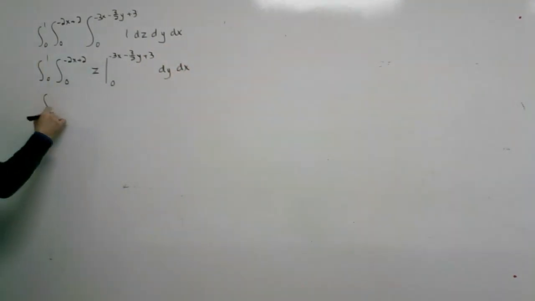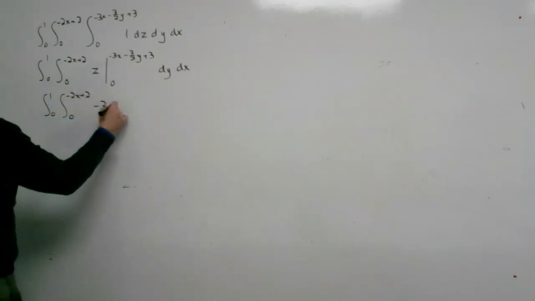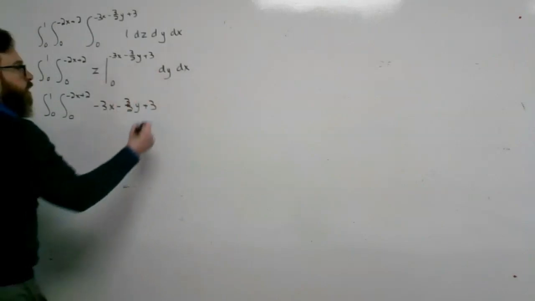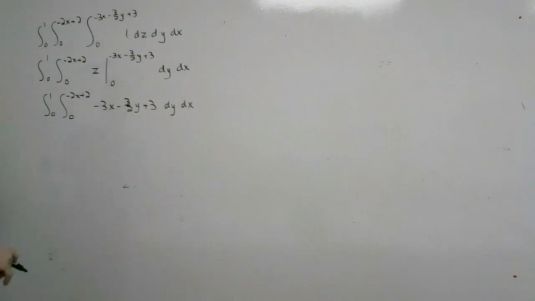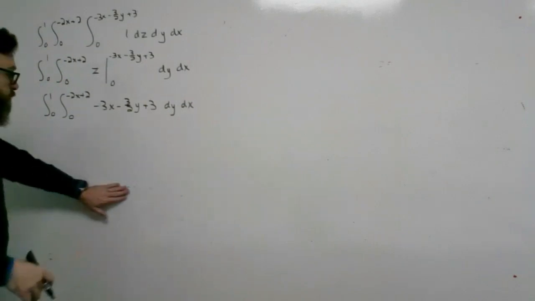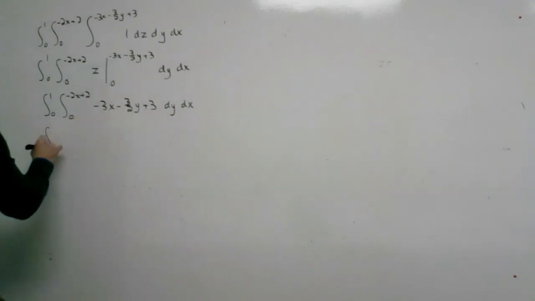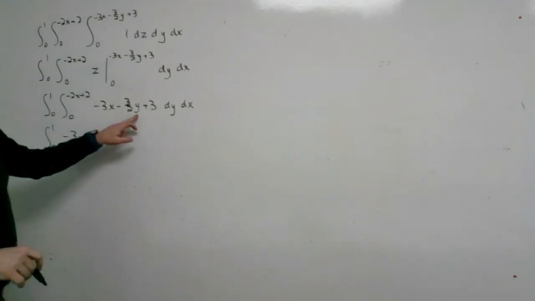So plugging in the top limit and then the bottom limit, we're going to have minus 3x minus 3 halves y plus 3, of course, minus 0, and then dy dx. So now I integrate this with respect to y, which means anything that's not a y is going to be a constant. So the integral from 0 to 1 of minus 3xy, integrating with respect to y is going to be y squared over 2.